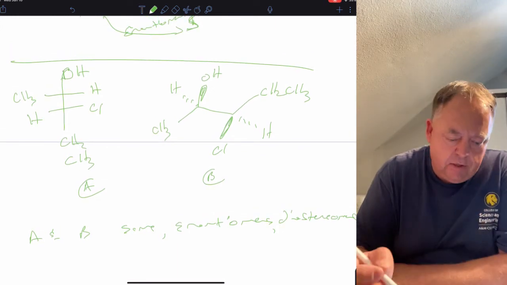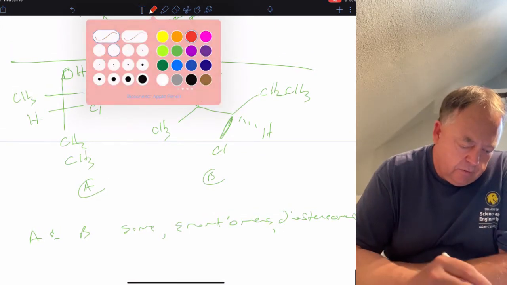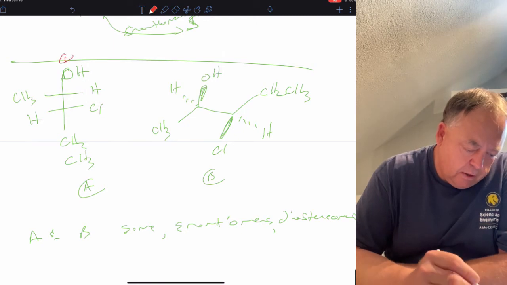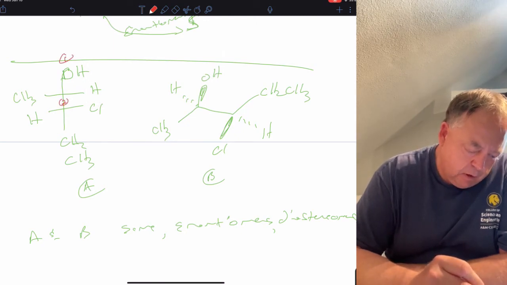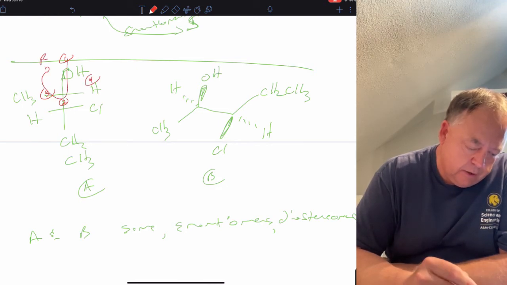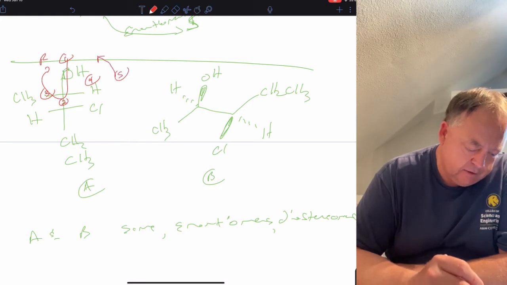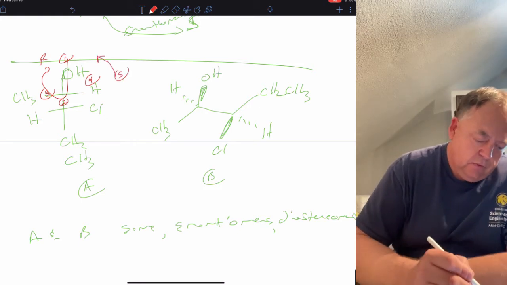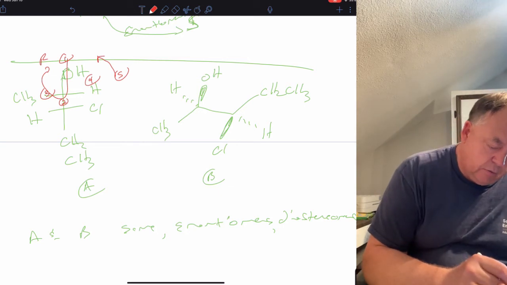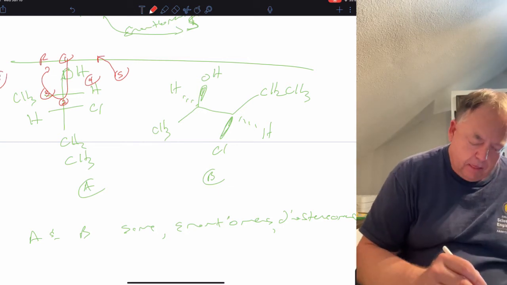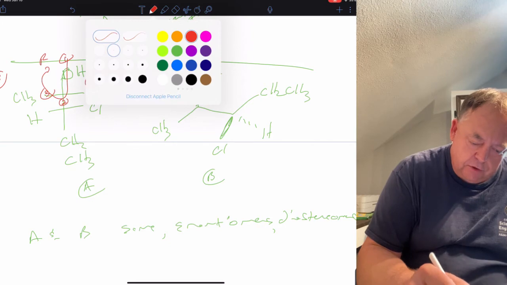So let's assign stereochemistry. For this first carbon, that's priority 1. Down below is 2, methyl group is 3, hydrogen is 4. So 1 to 2 to 3 is clockwise, that would be R. 4 is horizontal, so we have to reverse the direction, so it's S. So this carbon with the OH is S. And now the carbon below is also chiral.